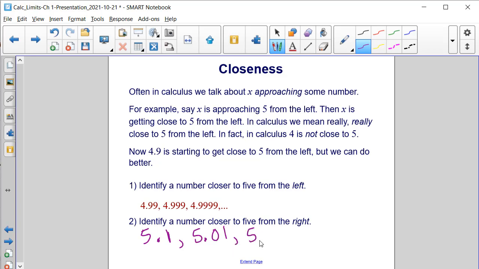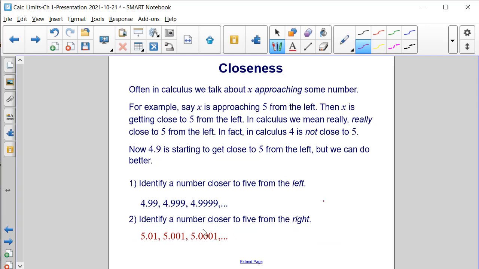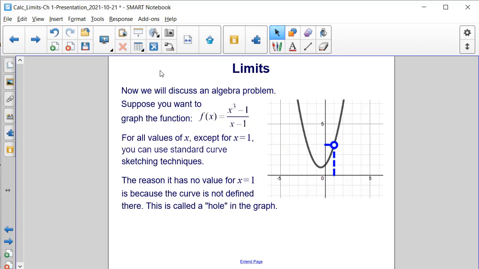We could do 5 1/1,000th, or we could even do 5 1/10,000th. And we're continuously getting closer and closer to 5 from the right-hand side. And here we can see that the numbers that we came up with are included in this list as well.